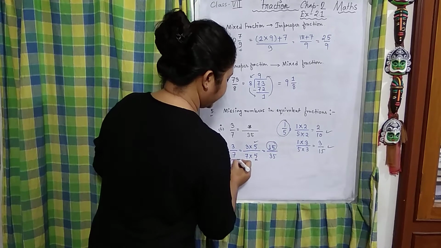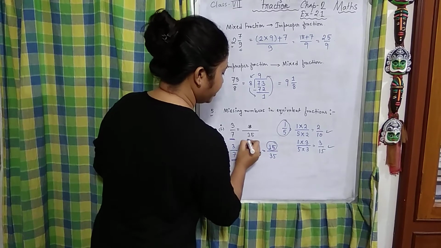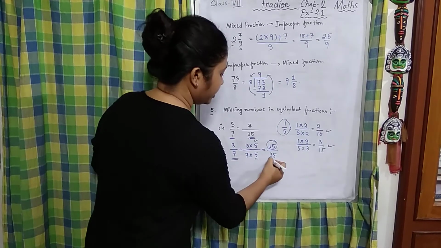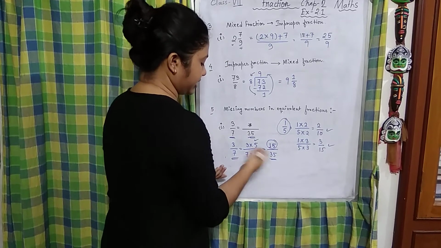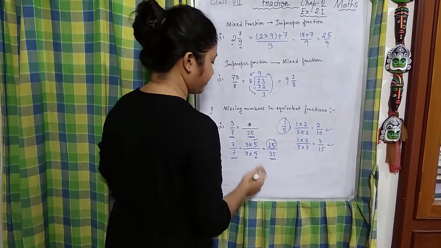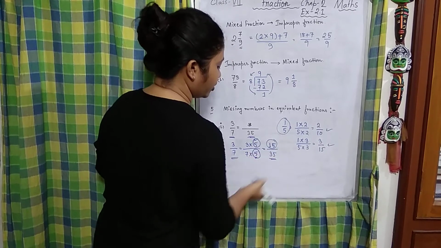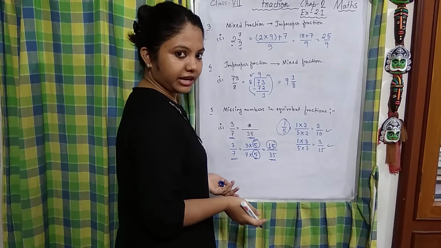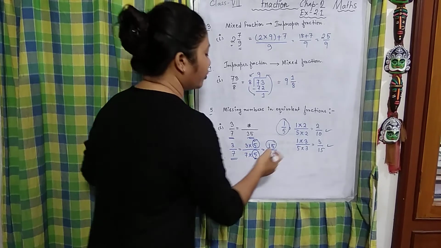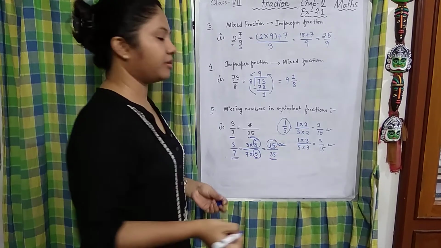First we find the relation between the given two numbers. So here 7 into 5 gives 35. From there we understand that the numerator will also be multiplied by 5. This is how we are going to find the missing numbers.